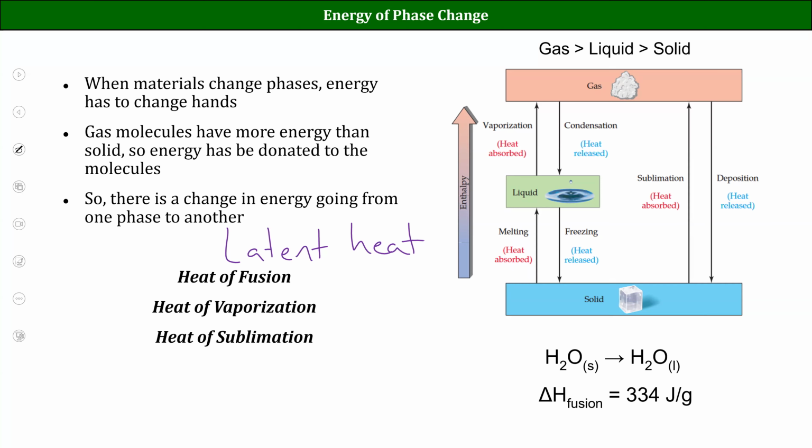It stays at the same temperature because all that extra energy we're dumping into it is going towards the phase change, towards the water turning from liquid to a gas. So we're dumping more heat in, but it's not changing temperature, which is why they use this term latent heat.